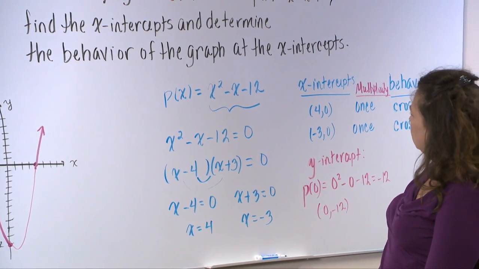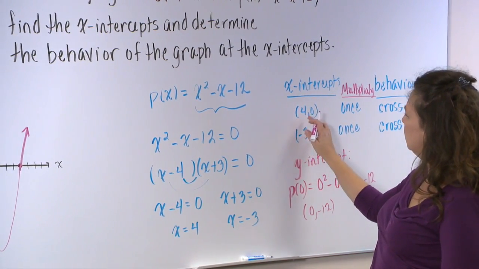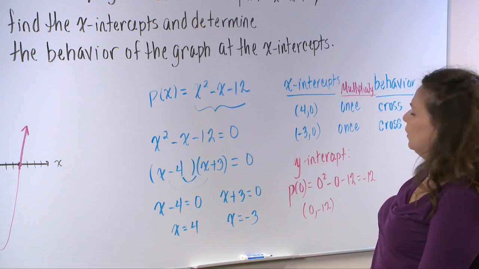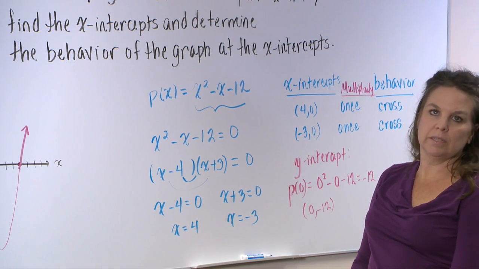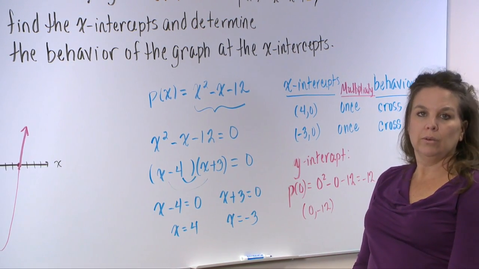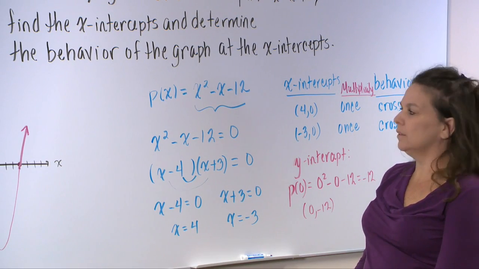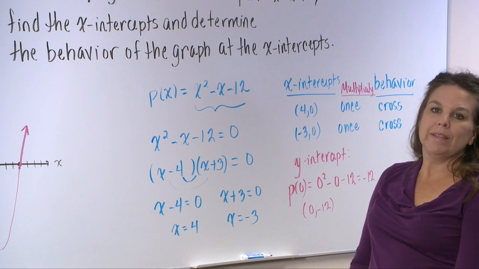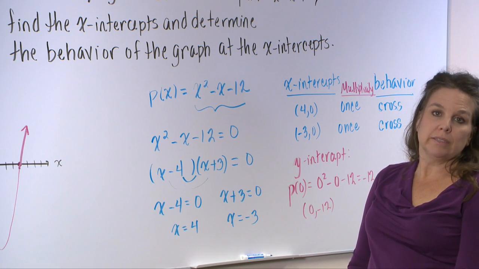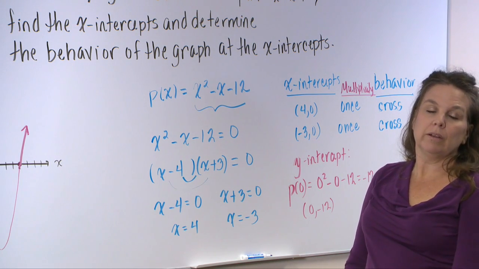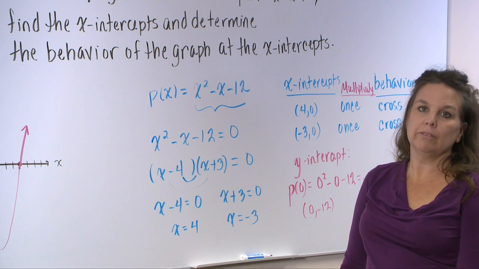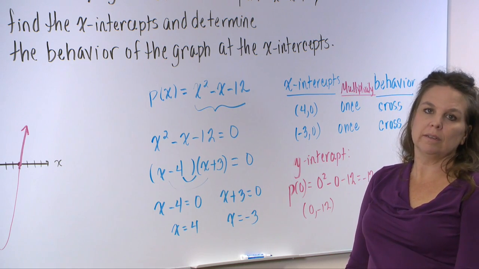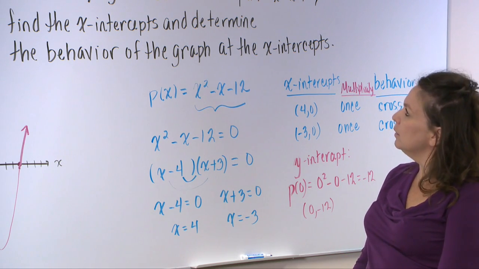So in each case, the x-intercept of 4, 0, it occurs only once, and 1 is an odd number. So the graph will cross the x-axis at that x-intercept. As well at the point negative 3, 0, that occurs once. So the graph will cross the x-axis at that x-intercept.